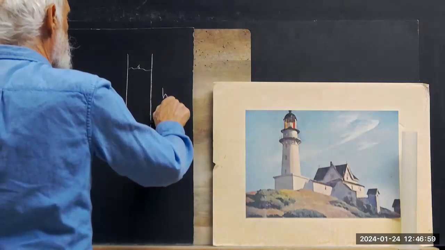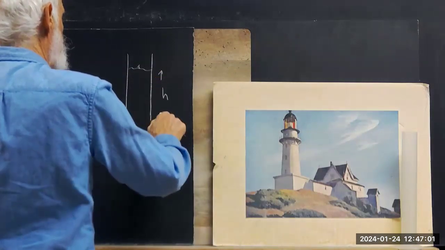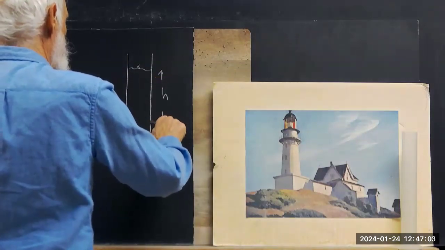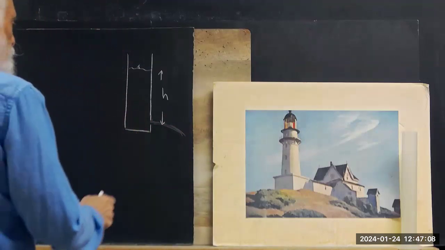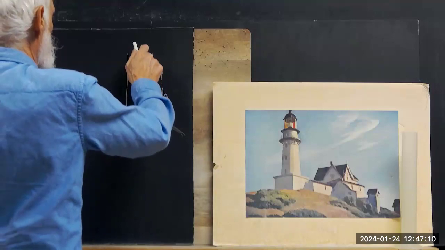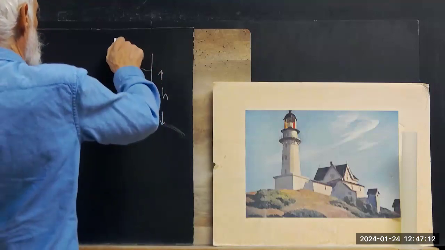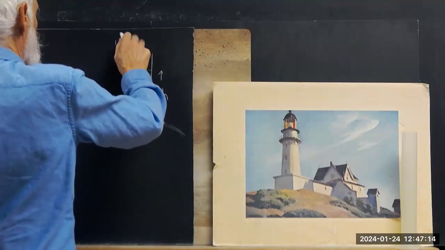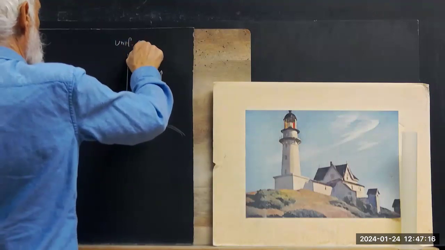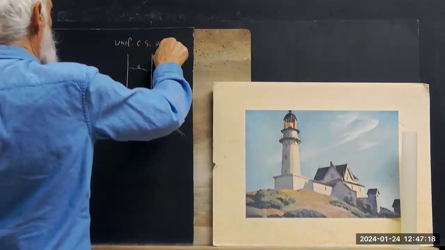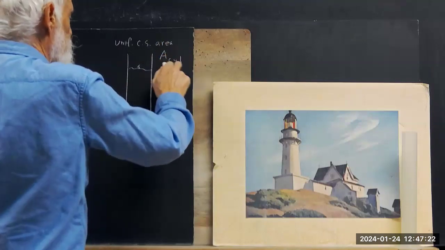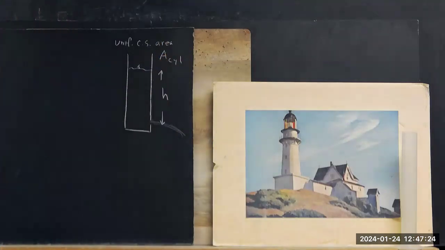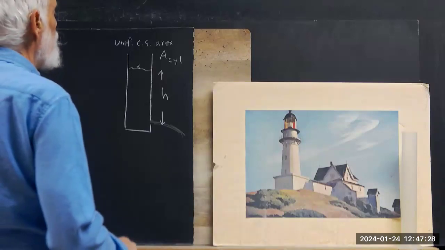If this distance is h, so we're at depth h here, then we have the cross-sectional area A sub CYL, the cross-sectional area of the cylinder.